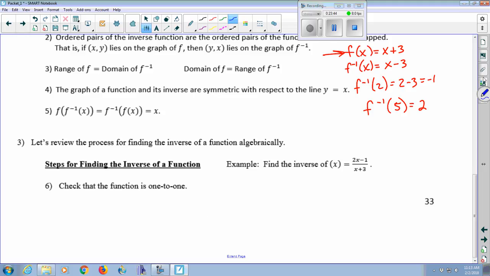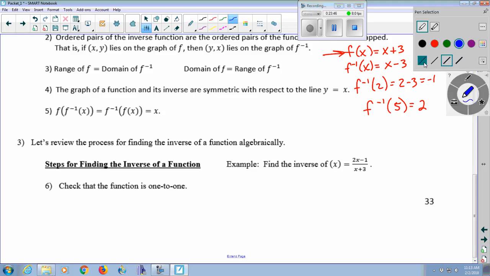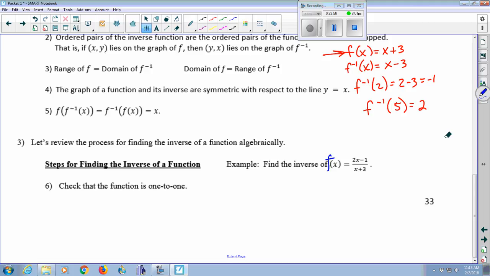No. We used to do these types of functions in 107, and at the 107 level, you're just trying to get all the ideas down for inverses without too much algebra. But what you're going to find out in calculus is that your calculus class goes much easier the better you are with algebra. There's just a lot of algebraic skills you have to use over and over again in calculus.